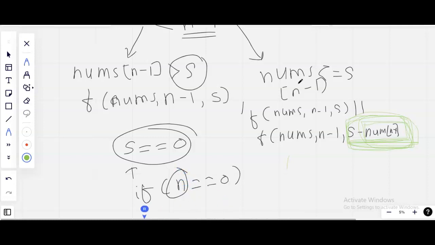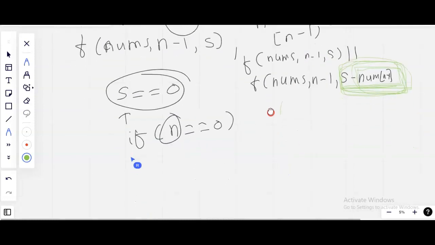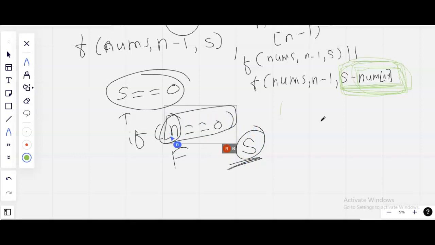So if n is 0, then we cannot accommodate any number. So in this case, we will simply return false, as we have no space. Suppose there would be some target sum, but as we have no element to provide for that, we will simply return false. Thank you.